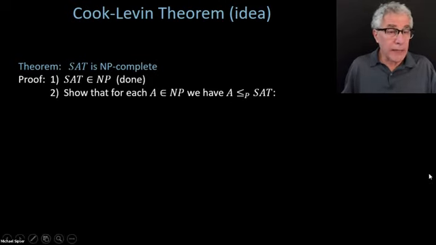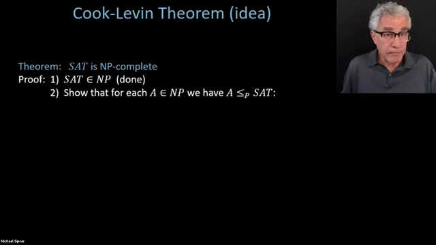So being NP complete means it has these two features. It's in NP, and everything in NP is reducible to it. So first of all, SAT is in NP, as we've already seen. The witness that shows a formula is satisfiable is simply the satisfying assignment that evaluates to true.